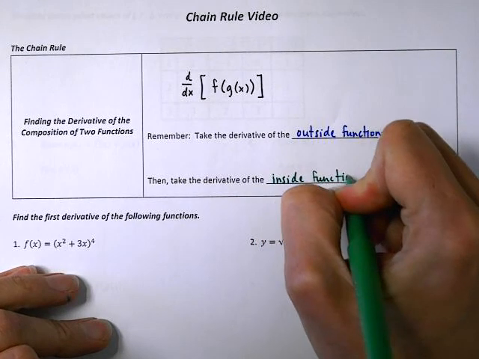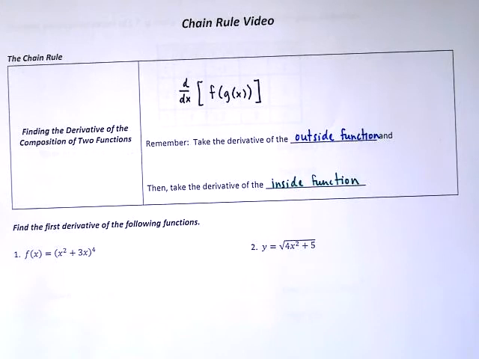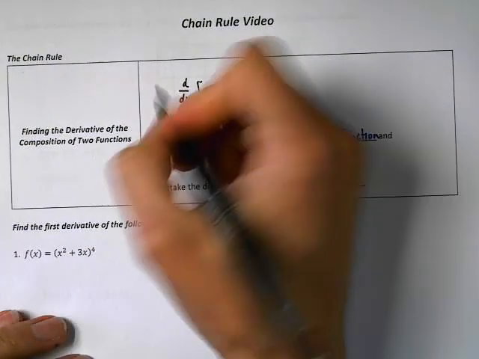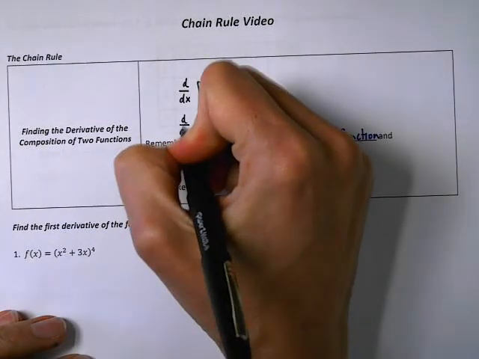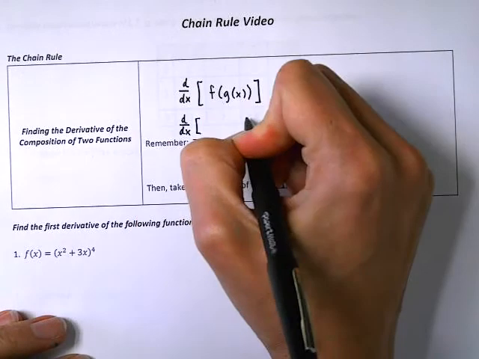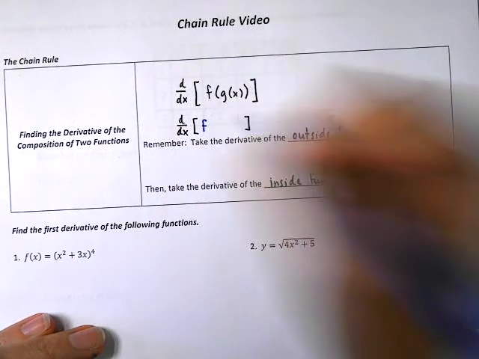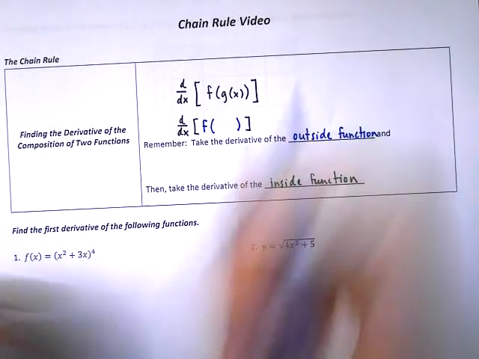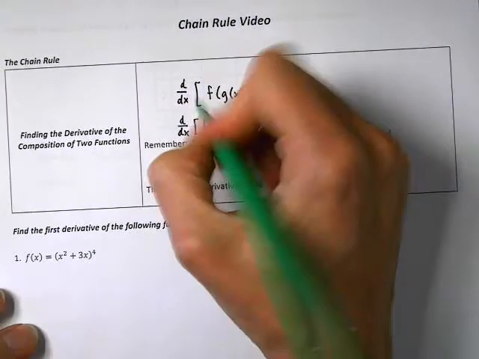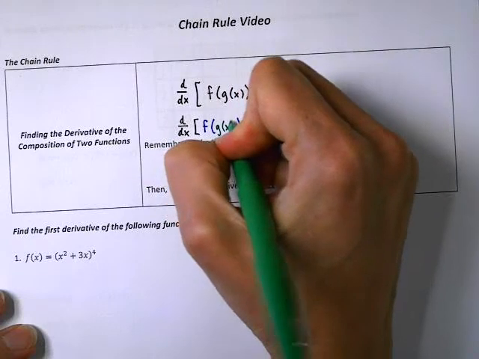So we work our way from the outside in. So for example, in this setup, in this case, my outside function is f, and then my inner function is g of x.